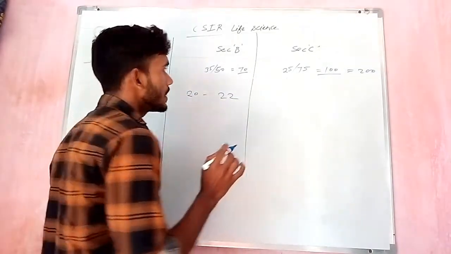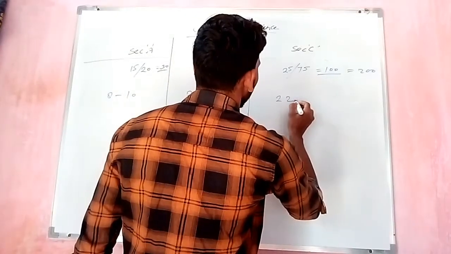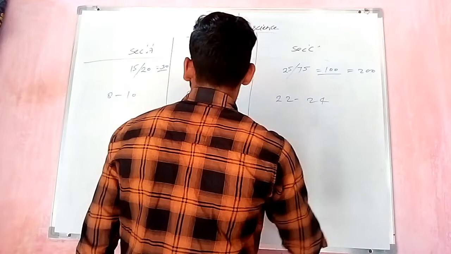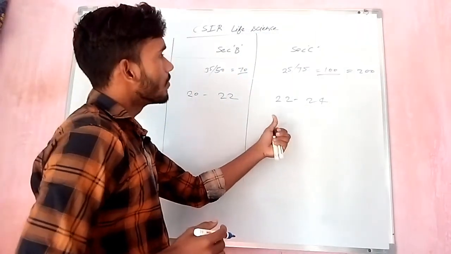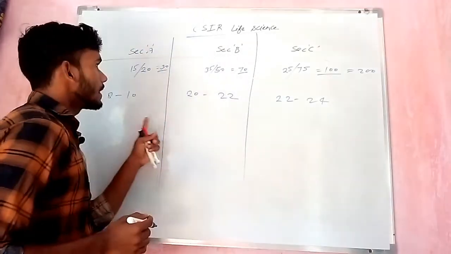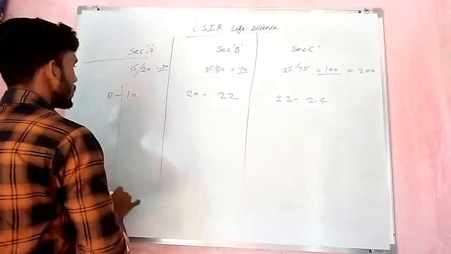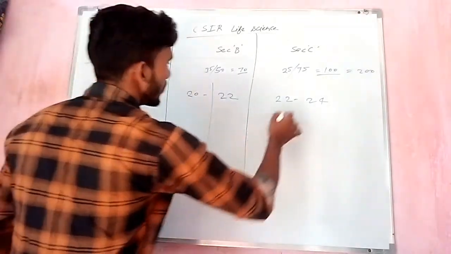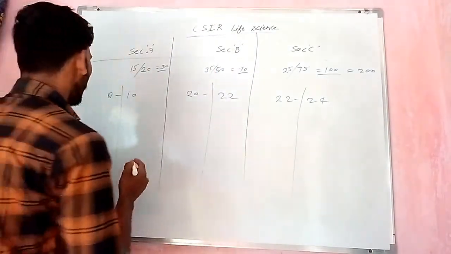In section C, we should attempt 22 to 24 questions, because in section C we have more choice. So for section A, section B and section C, we have a minimum and maximum number of questions. First we will talk about the minimum number of questions, and then the maximum.